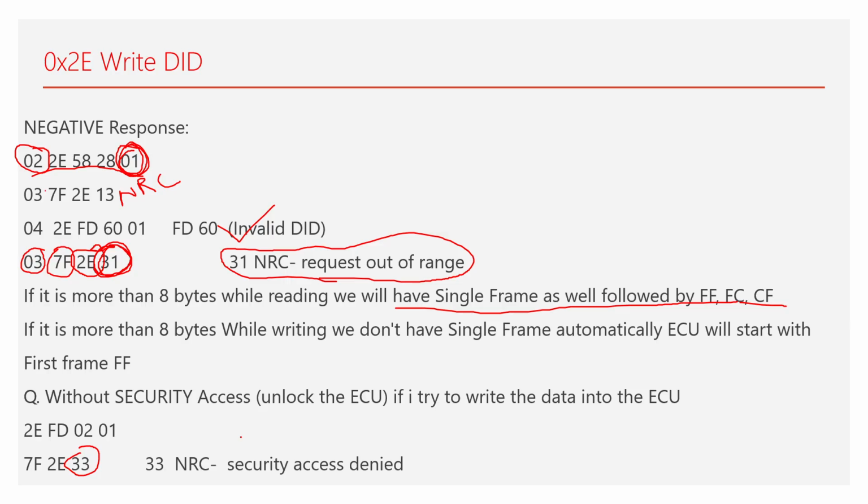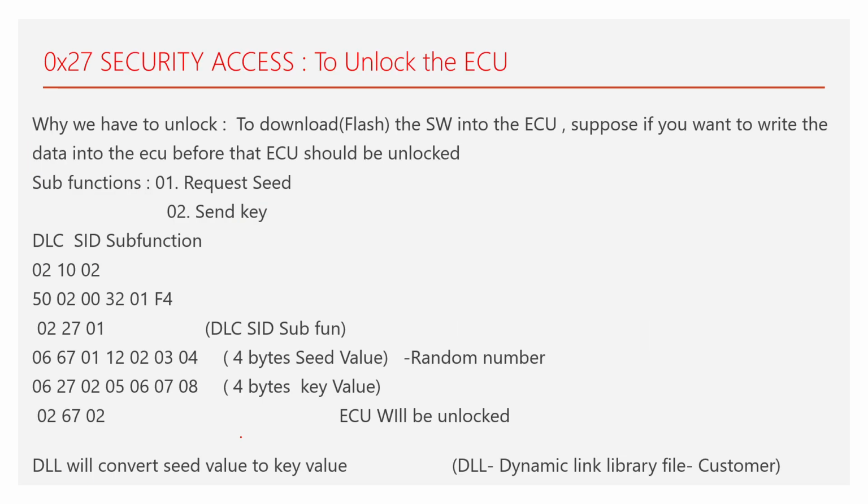From this 33 NRC, we will get security access denied. From this security access denied, a lot of issues will arise from the ECU. I will explain in the next video, which is the 27 service. This is the security access.